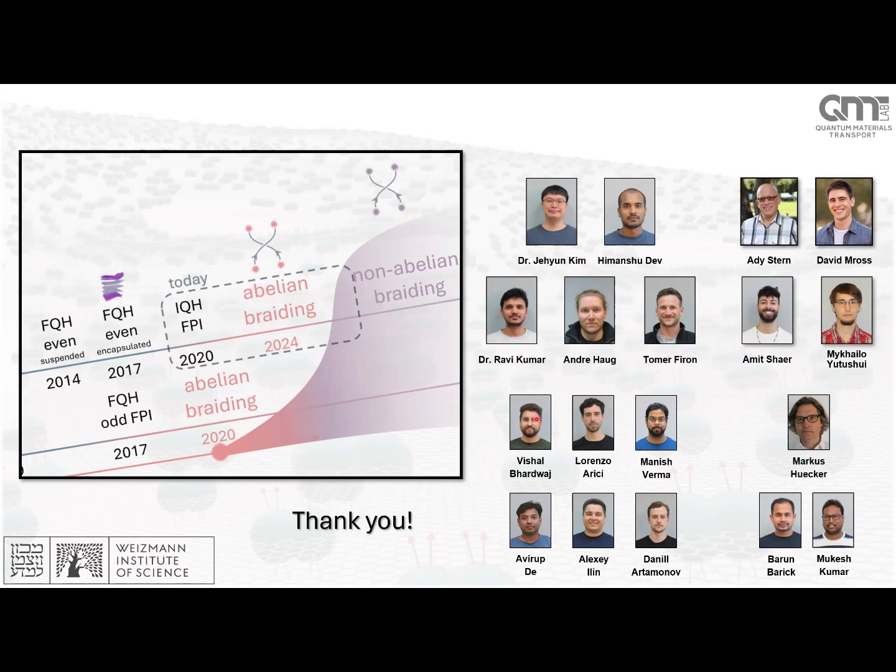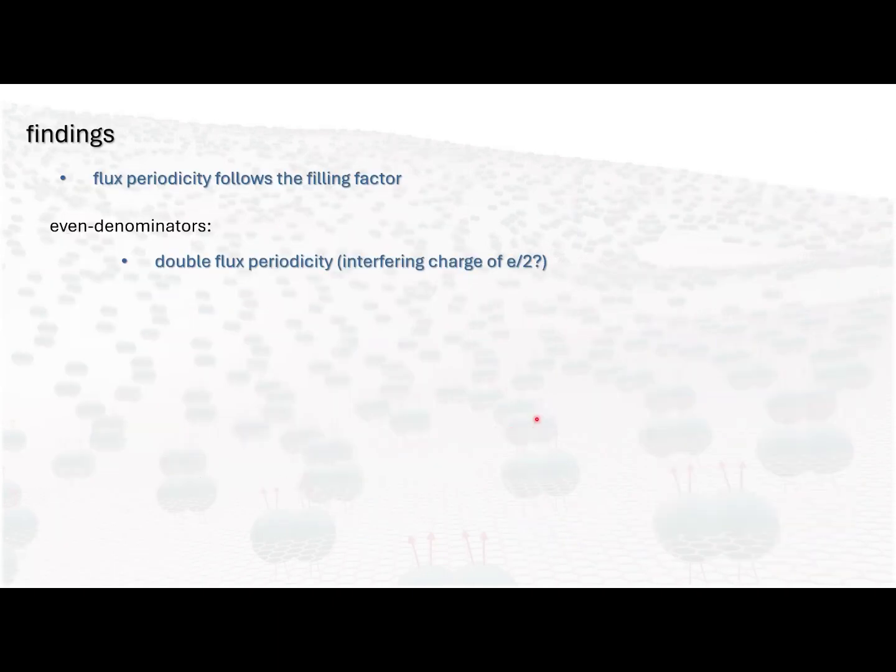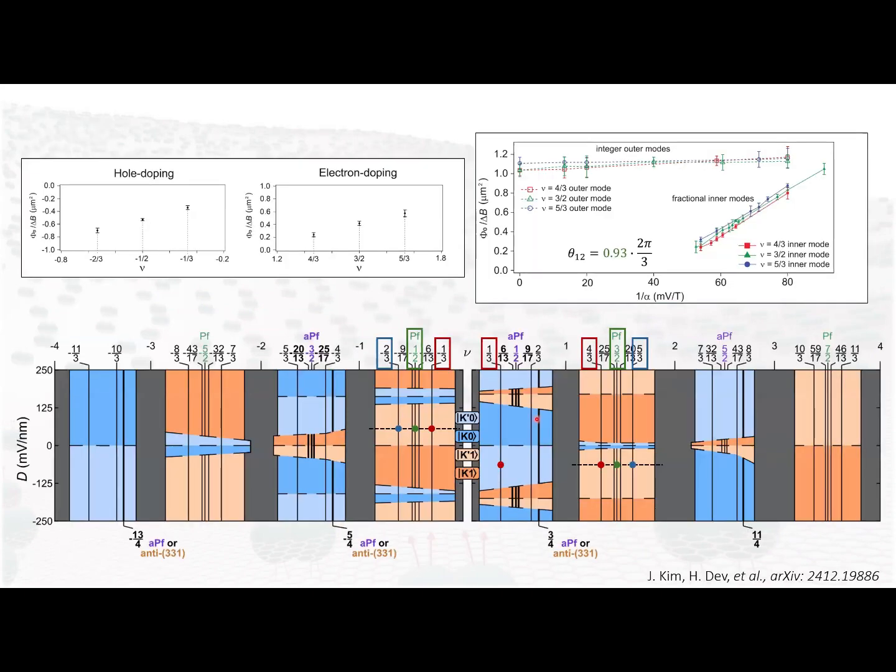Can I ask one question? Yeah. Did you observe the phase shift for the even denominator states? Okay. So you do see phase shift, okay? But the phase shifts are not quantized to, let's say, pi. But what I showed you before is, I think, also the strength of this technique of looking at the flux periodicity as a function of the periodicity. You see that, although you don't see a clear phase jump, probably because of some smearing effect, you see the global effect, okay?